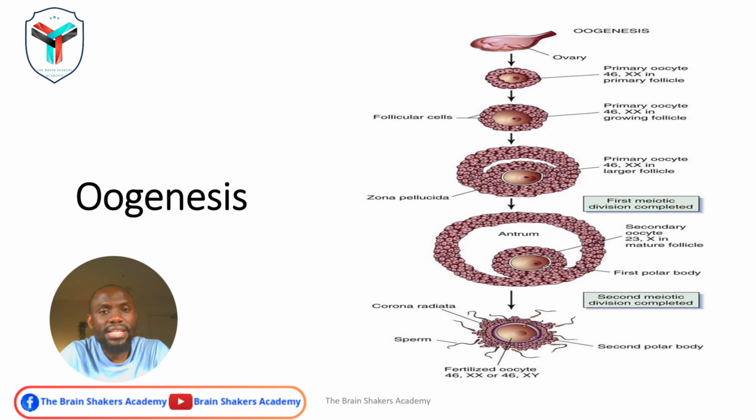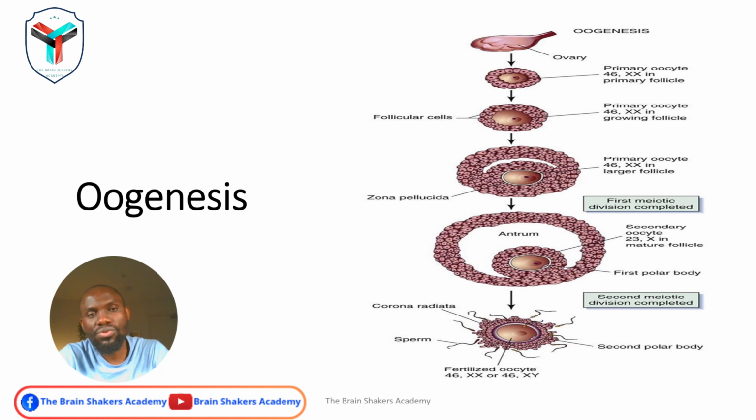Because the primary oocytes have entered meiosis 1, they enter into the prophase, and we looked at the first meiotic division as having a longer prophase that has five subphases: the leptotene, the zygotene, the pachytene, the diplotene, and the diakinesis.